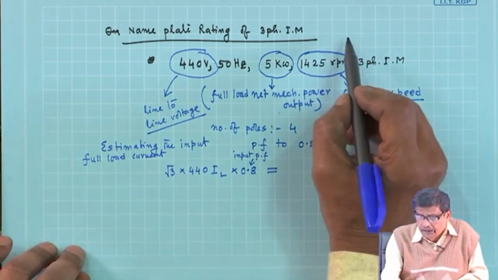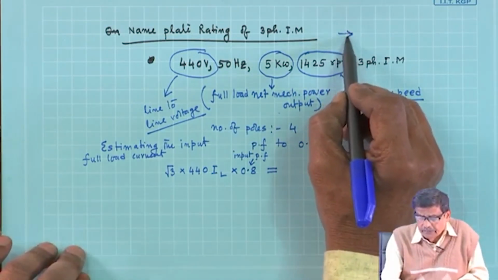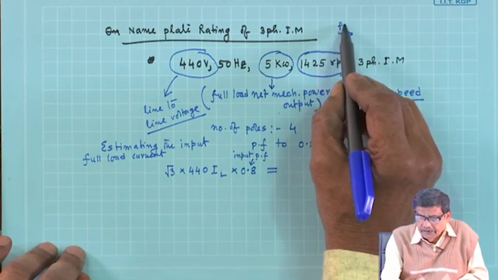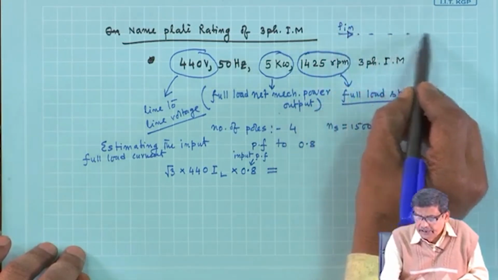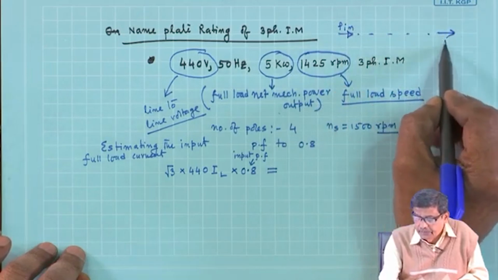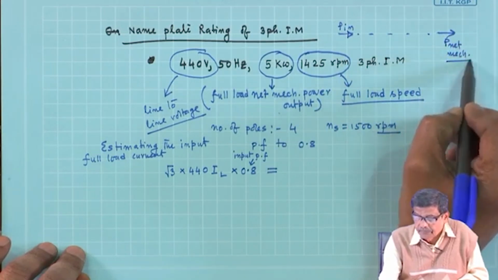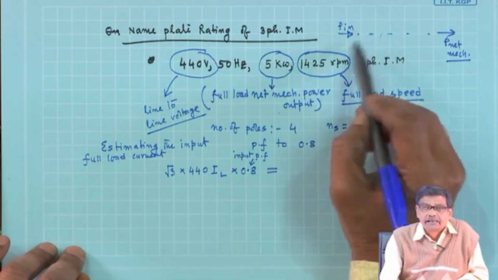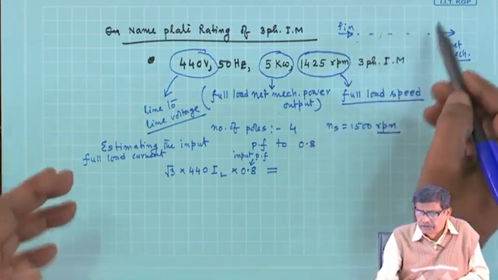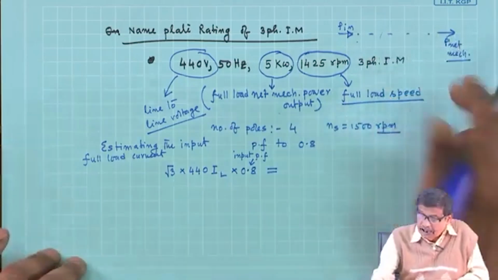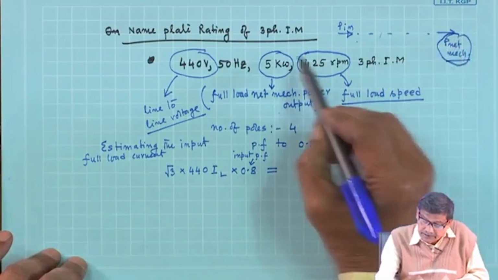If you have seen the power flow diagram, there was P in, then several stages, and then you get the net mechanical power output. There were several things, stator copper loss, rotor copper loss, and so on, and then you get the output, and this is what is given.